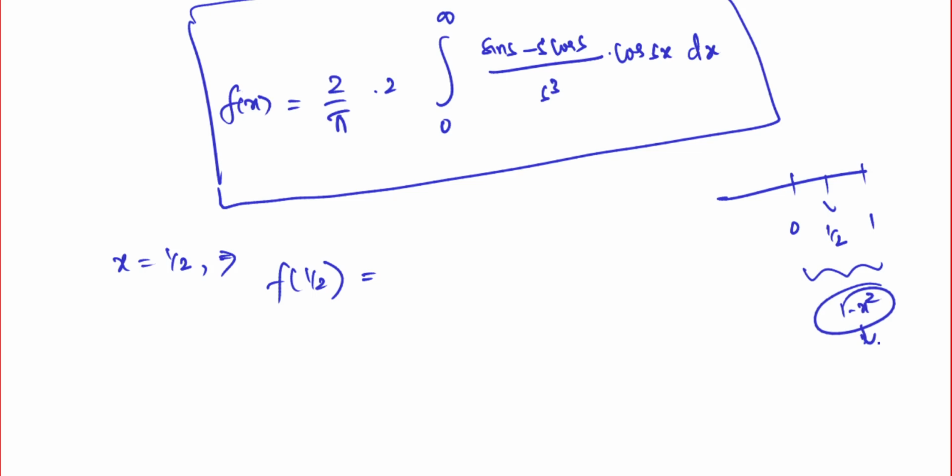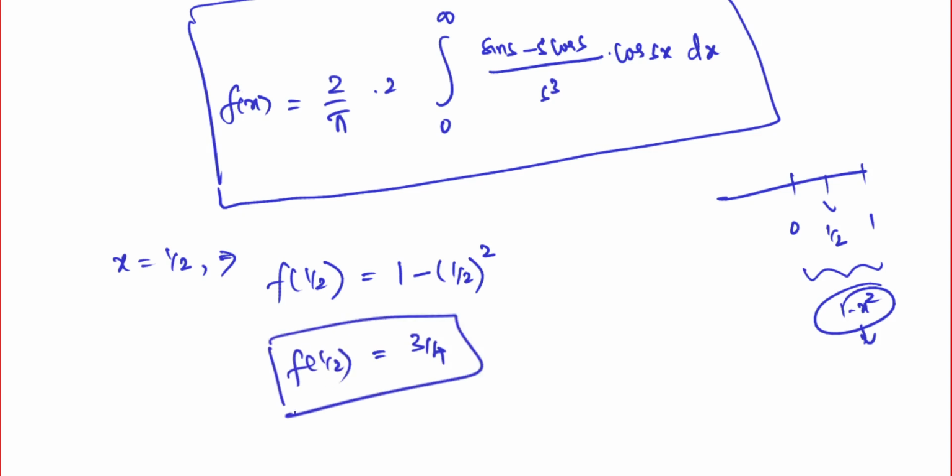The f value can be found just by substituting x equal to 1 by 2, so 1 minus 1 by 2 whole square, which is 1 minus 1 by 4, which is 3 by 4. So the f of 1 by 2 value was 3 by 4.